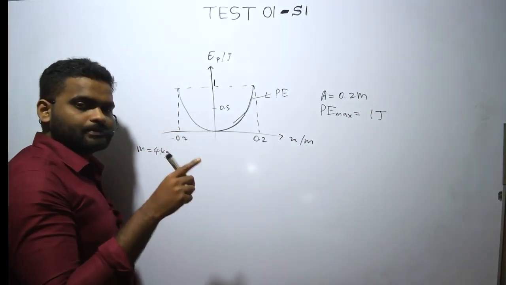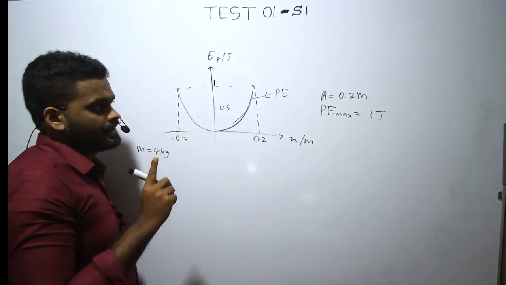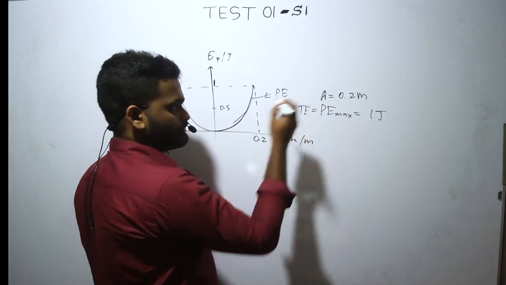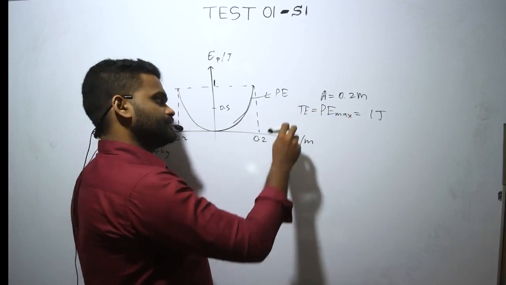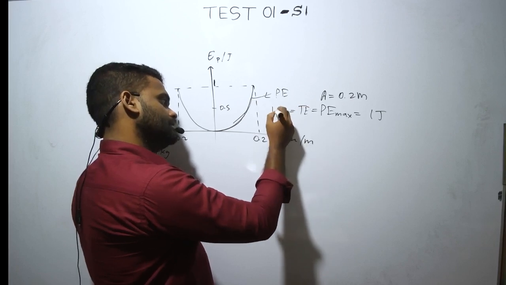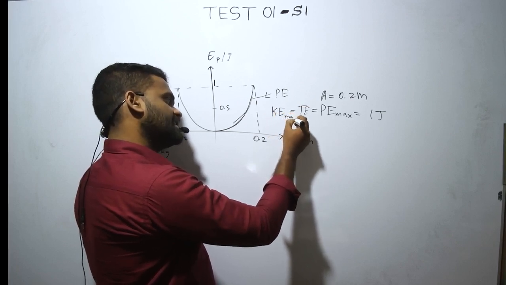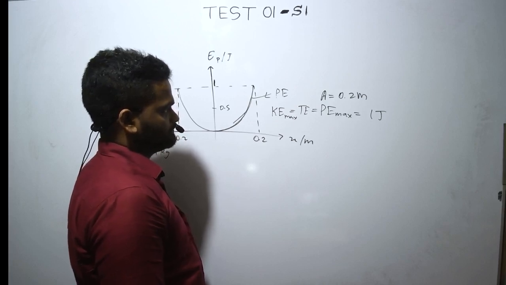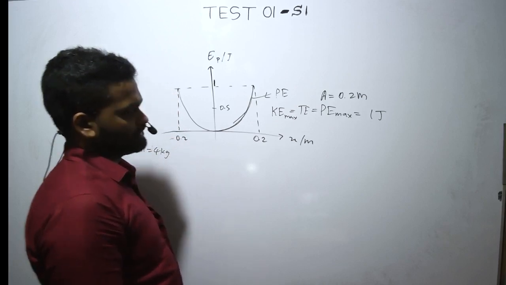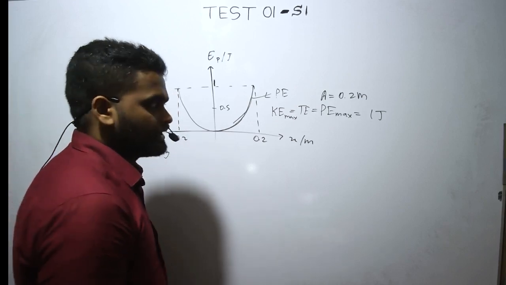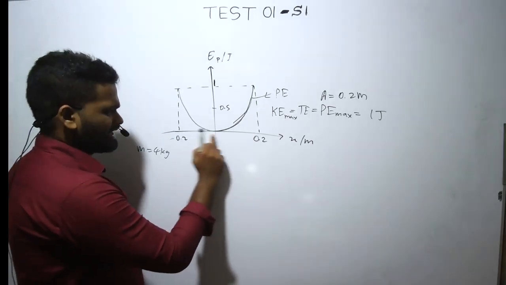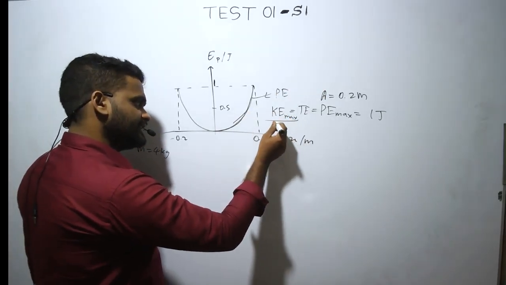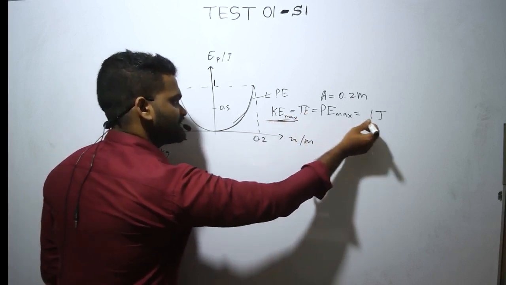So earlier I proved that total energy is equal to maximum potential energy, and it is also equal to maximum kinetic energy as well, right? So the question they ask is capital T. There are many ways you can do this, right? But I will use KE max. KE max equals 1 joule.